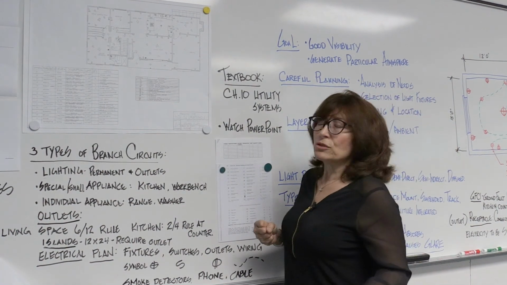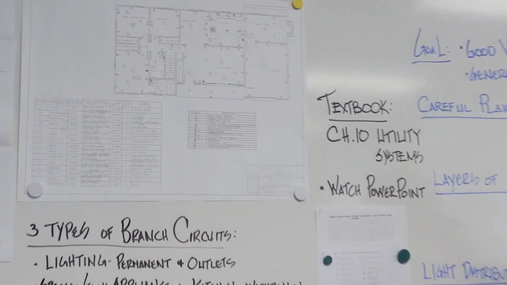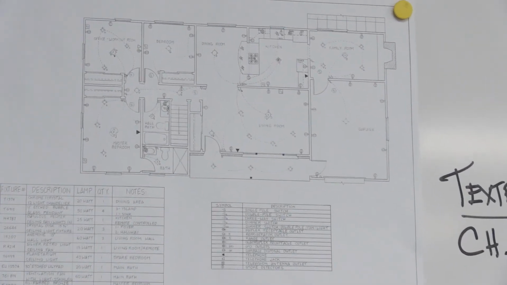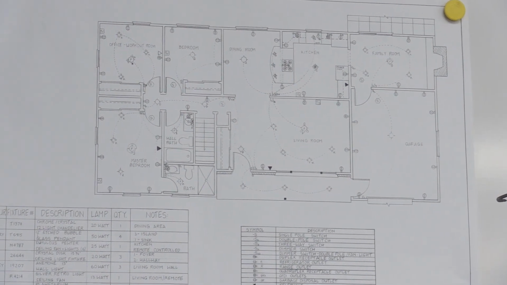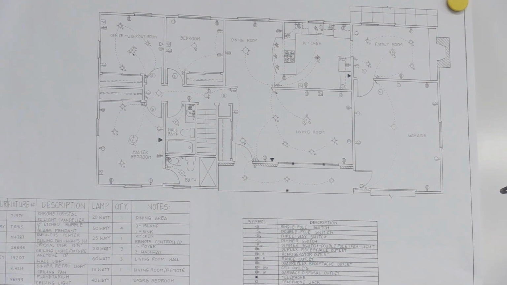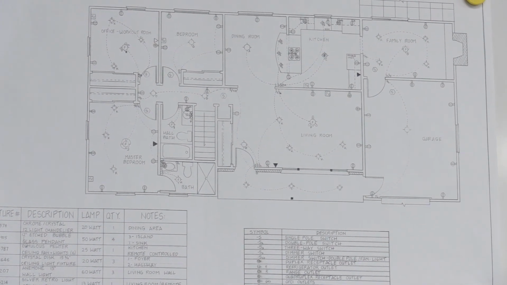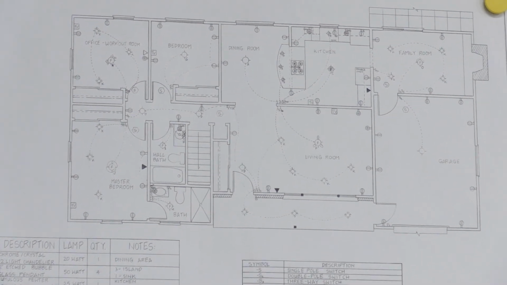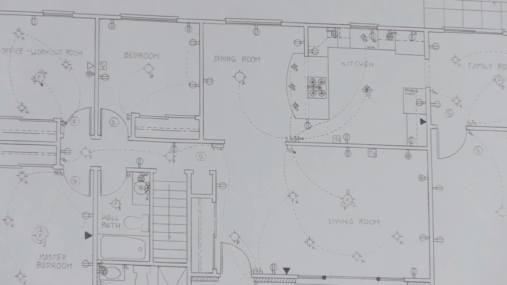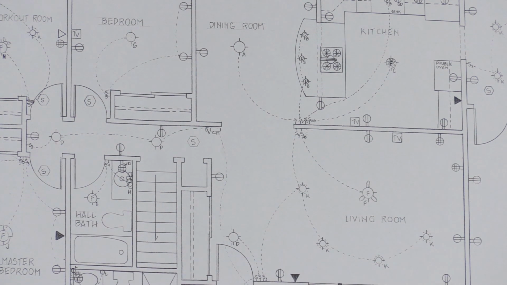You have special or small appliance circuits. Those are for your kitchen or workbenches. And then you have individual appliance circuits, and that's for your big ticket items that draw a lot of power: your ranges, your washer, your dryer, your refrigerator, your hot water heater, your furnace. Those all have individual appliance circuits.